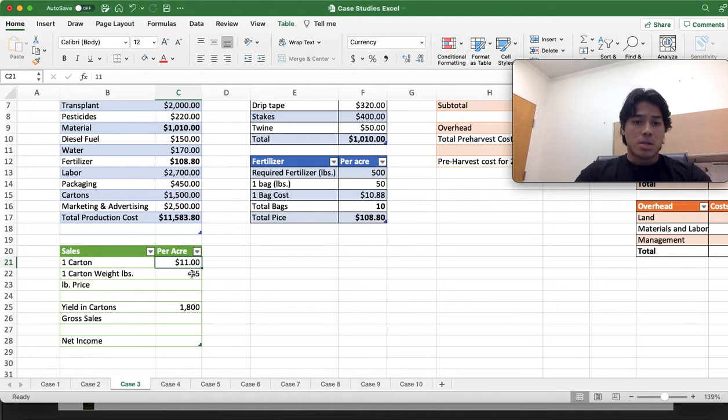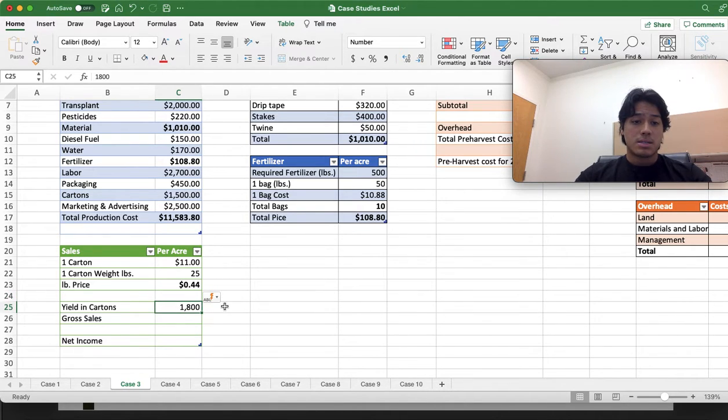One carton costs $11 and it weighs around 25 pounds. So first, what's the pound price? It's pretty easy, a division of $11 divided by 25. So a pound of bell pepper costs 0.44. That's the revenue the farmer will get.